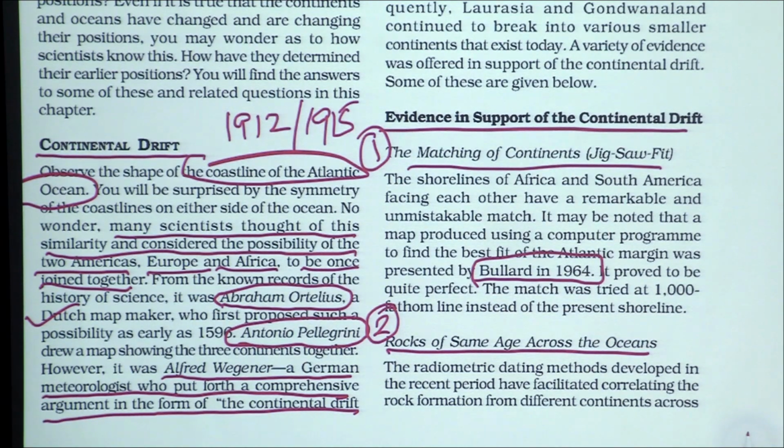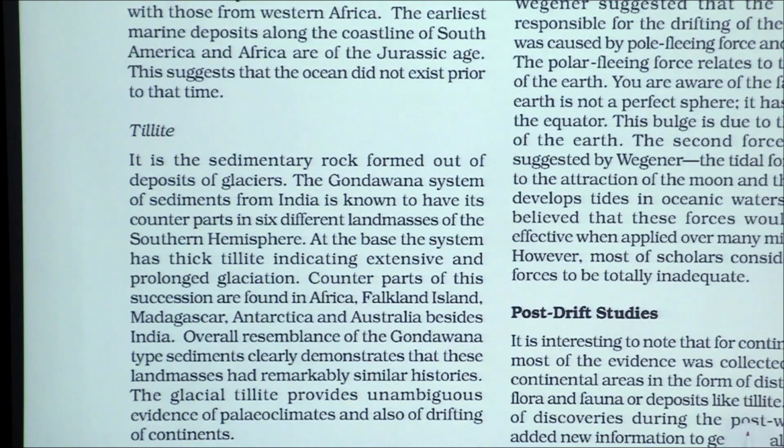And if I continue with my NCERT content, the other evidences which are mentioned, before we take support of diagrams to understand them, include evidence number 3 mentioned in our NCERT, which is tillite, a sedimentary rock. I have already uploaded a video on rock types, so you can take reference of it.